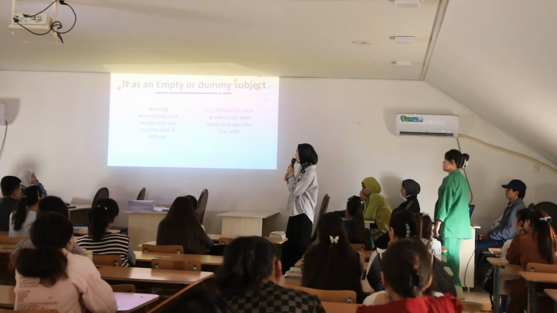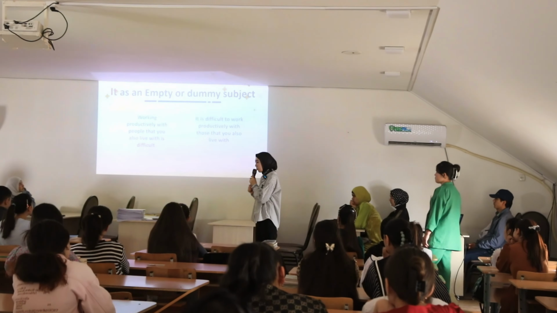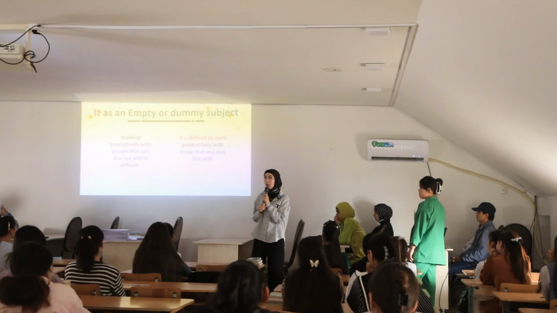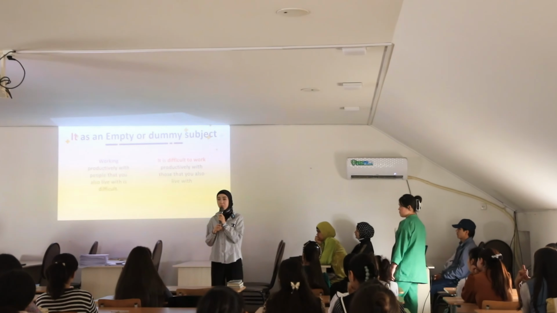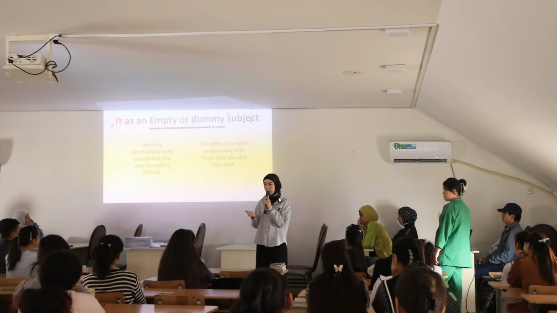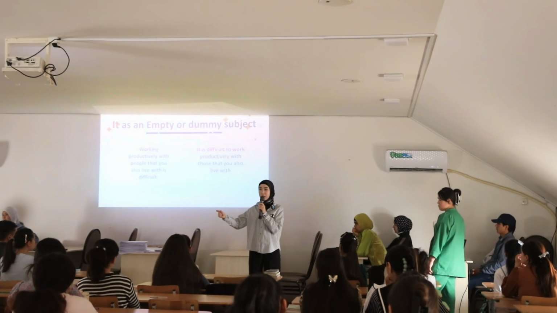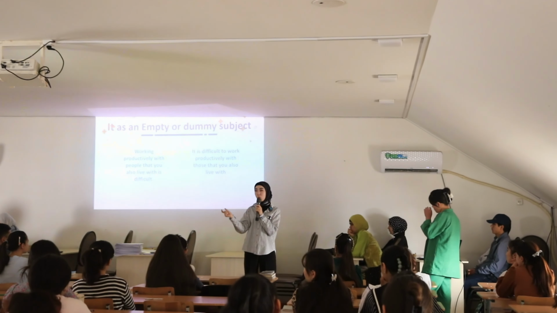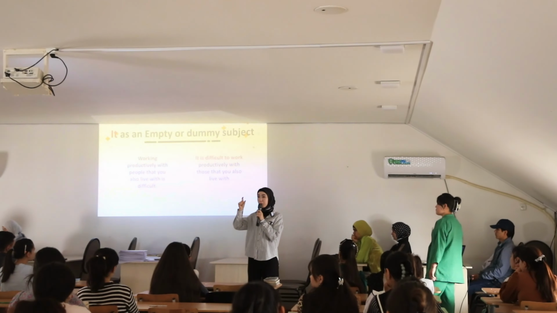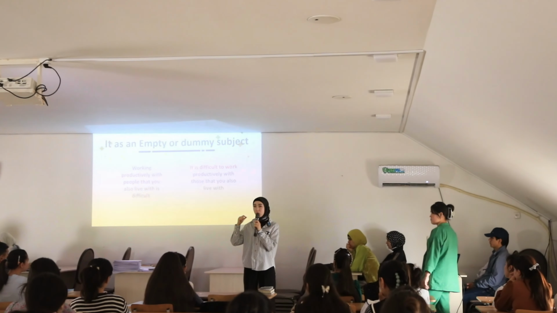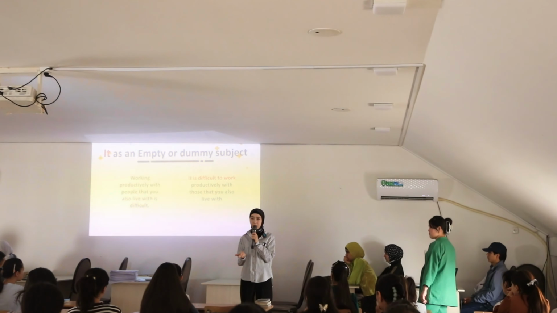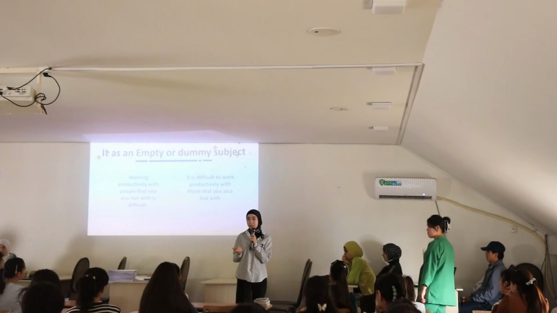It says "it" as an empty or dummy subject. What do I mean? Sometimes we make up sentences, right? As we translate word by word, sometimes some grammatical unit does not signify anything. So here is the example.